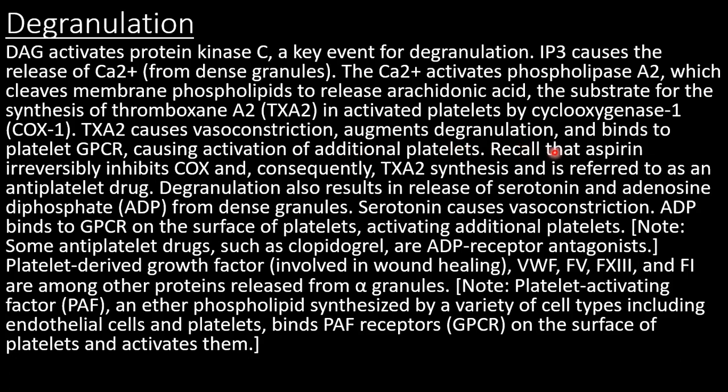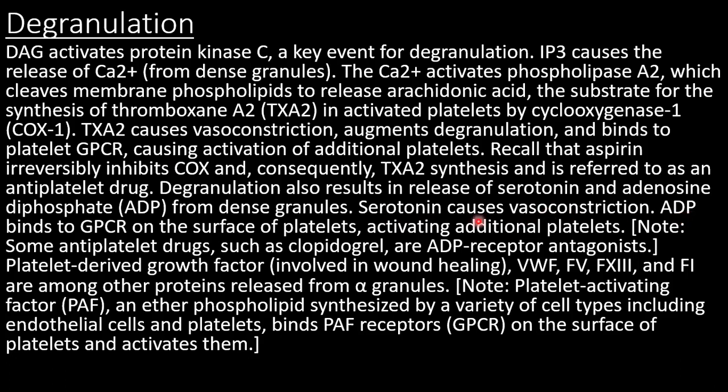Also, I've done a video on eicosanoids. We know that aspirin irreversibly inhibits COX, both COX-1 and COX-2, and consequently thromboxane A2 synthesis, and it is referred to as an antiplatelet drug. Degranulation will also result in the release of serotonin and ADP from the dense granules. Serotonin will also cause more vasoconstriction.